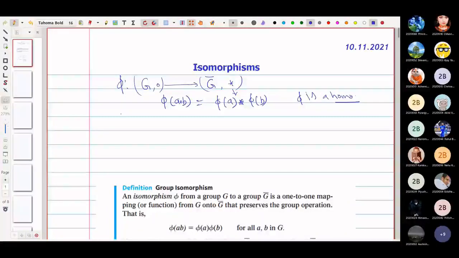But in addition, if we can associate two more properties with phi, that is, if phi is 1-1 and onto as well, homomorphism plus 1-1 and onto, then we say that the function phi is an isomorphism.